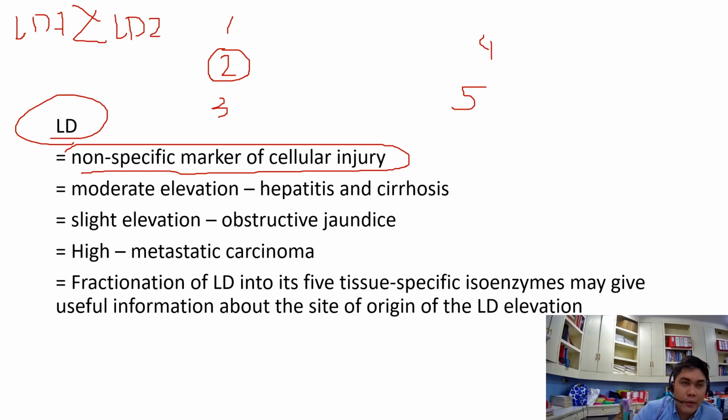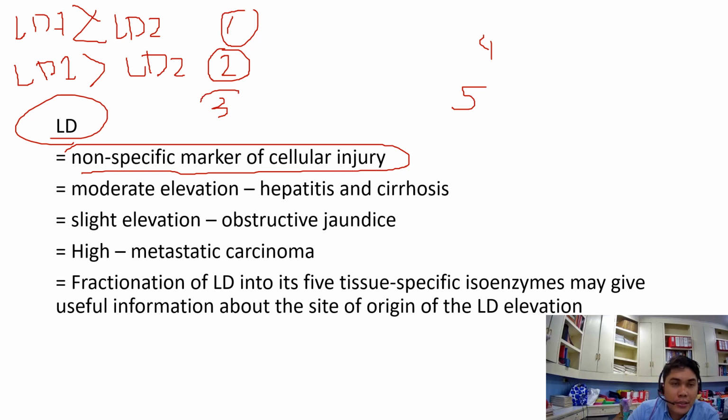Now the main sources of LD1 are the cardiac tissue, kidney, and RBC. So for example, if there is AMI, acute myocardial infarction, the LD1 concentration will be greater than the concentration of LD2. This is what you call the flip pattern. So a flip pattern is an indication that there is acute myocardial infarction.